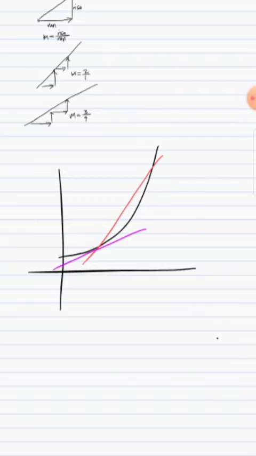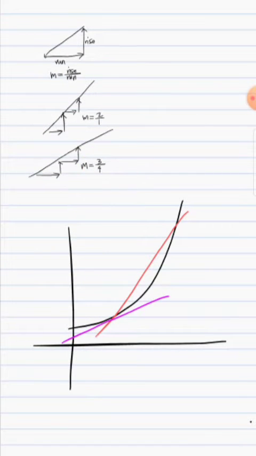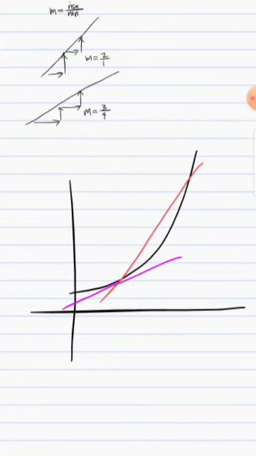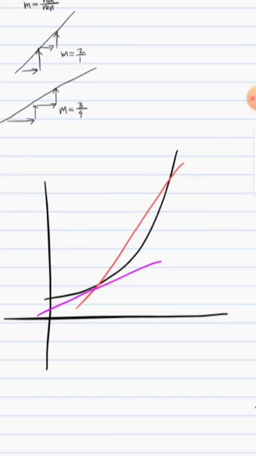Unlike on a line, where it's pretty much easier because we get a constant with rise over run, on a curve it's a different story, because it has varying rise and run as we go from left to right.